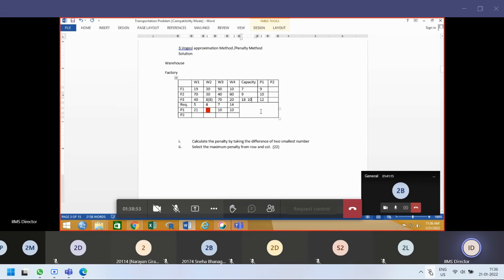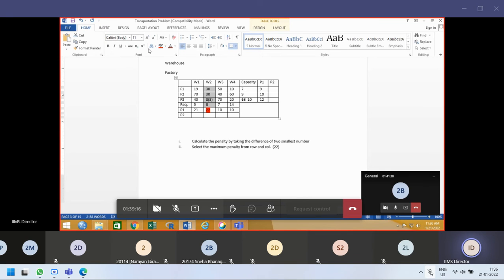So how much remains? 10 remains. Now this particular column is completely blocked, so I will make a different color for this column.